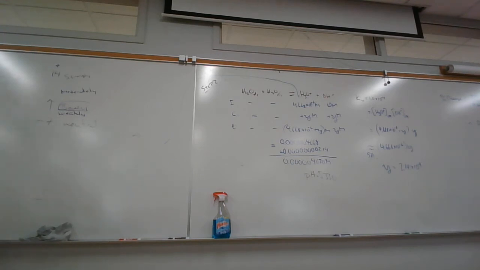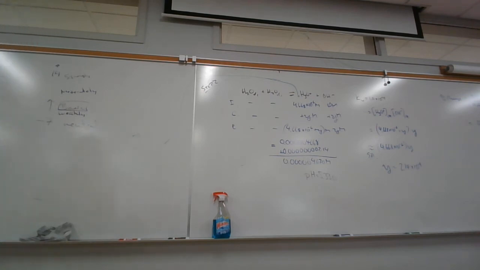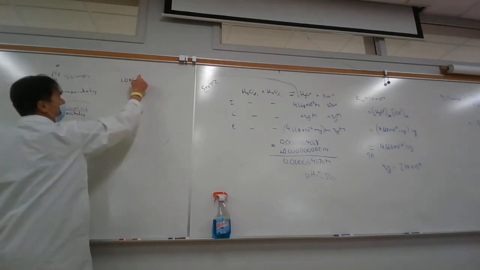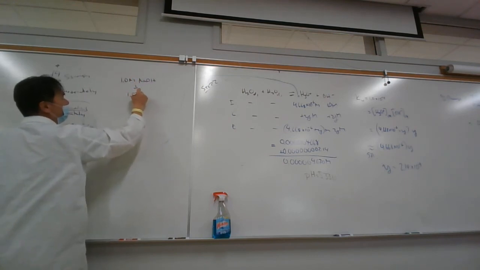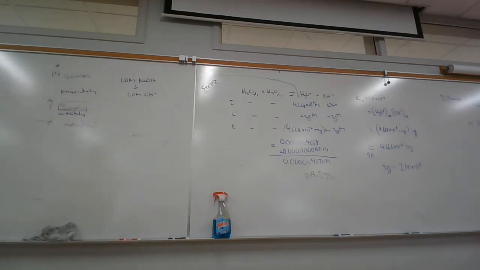Now, if I have 1.0 molar sodium hydroxide, that's going to give me 1.0 molar hydroxide. If I have 1.0 molar hydroxide, am I going to worry about the tiny bit of extra hydroxide I get from Kw? What's the most I'm going to get? The most I'm going to get is 10 to the minus 7 molar.